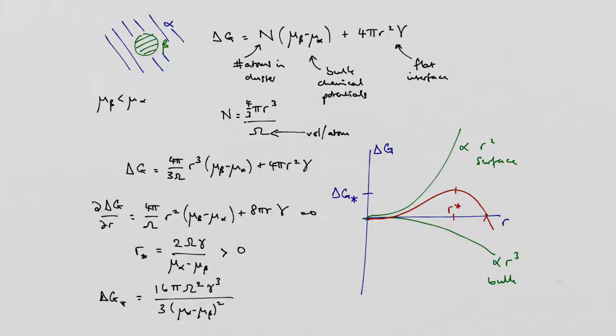Okay, so in the model where we derived the spinodal, we didn't really have interfaces, right? We always had a random ordering of A and B atoms. And so there was no concept of an interface.